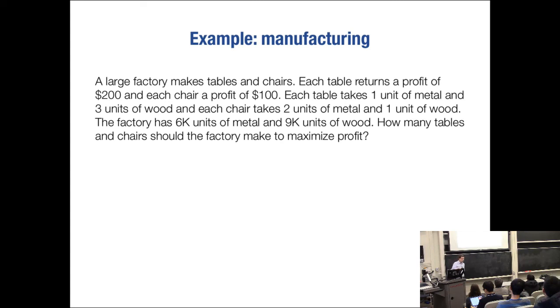And the chairs take 2 units of metal and 1 unit of wood. The factory in stock has 6,000 units of metal and 9,000 units of wood. And so the question is, how many tables and chairs should you make to maximize the profit? You can work this out by hand without too much difficulty. But let's look at what this problem is actually saying mathematically.